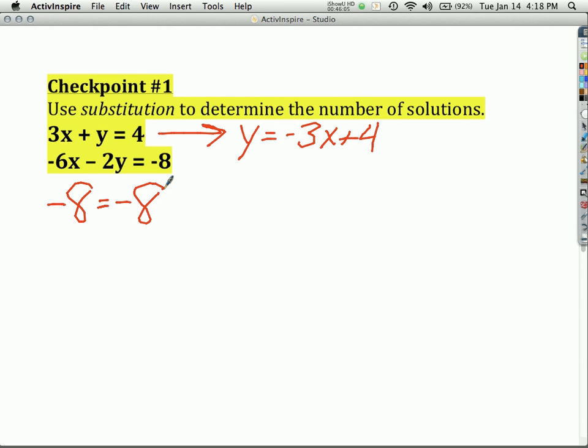But you picked a different variable to isolate? Then you got lucky or something. If you did the exact same isolation, if you did this and plugged it back into here, then you should have gotten -8 equals -8. So I'll have to look at your paper to see what you did.